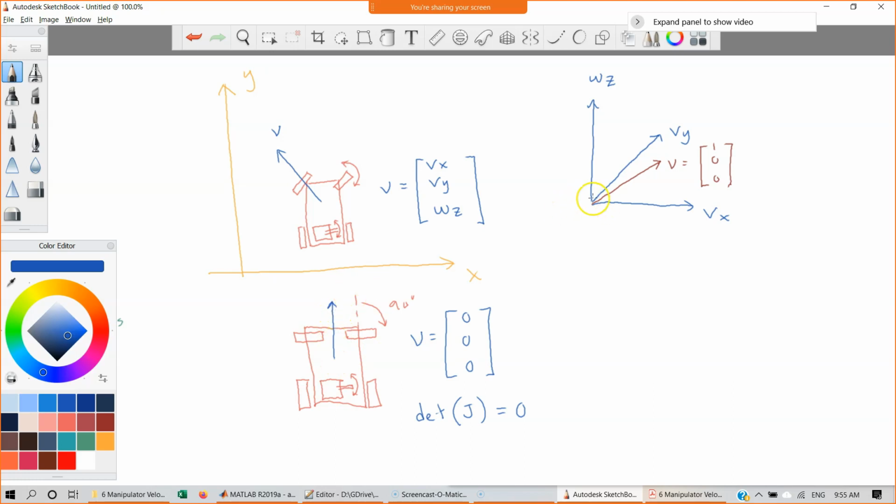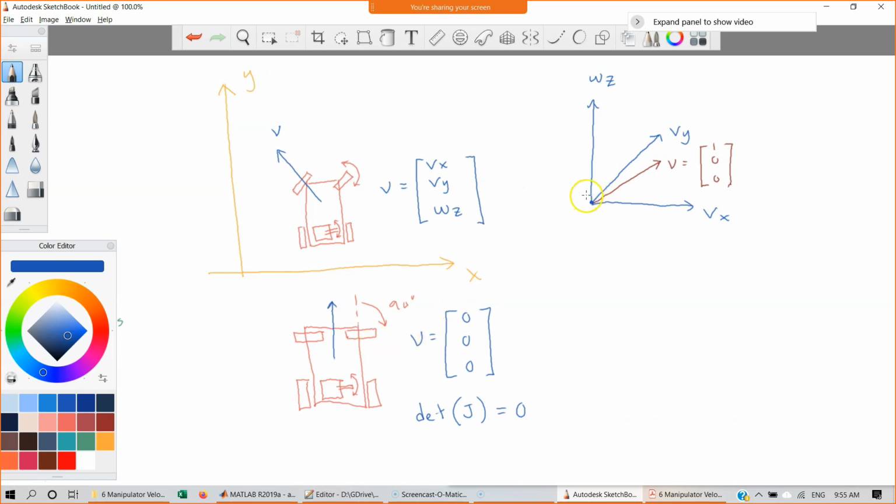Okay, so there is a point here where the robot cannot achieve any velocity. It will not be able to have any velocity from this configuration.